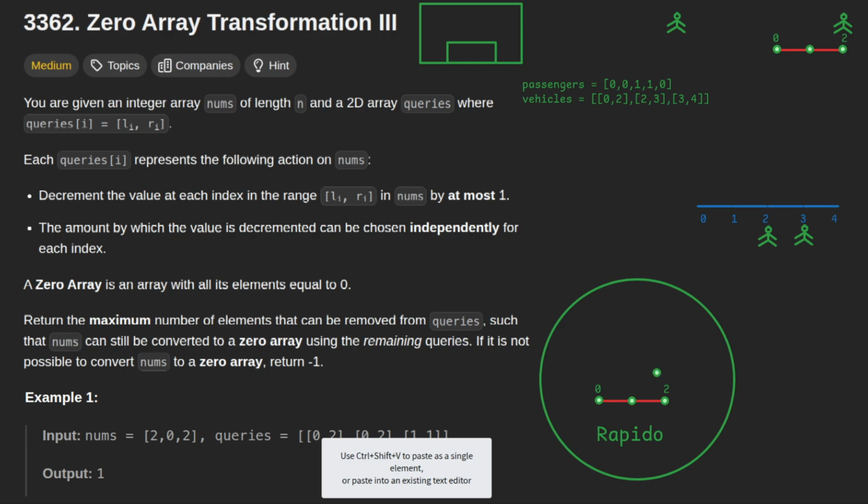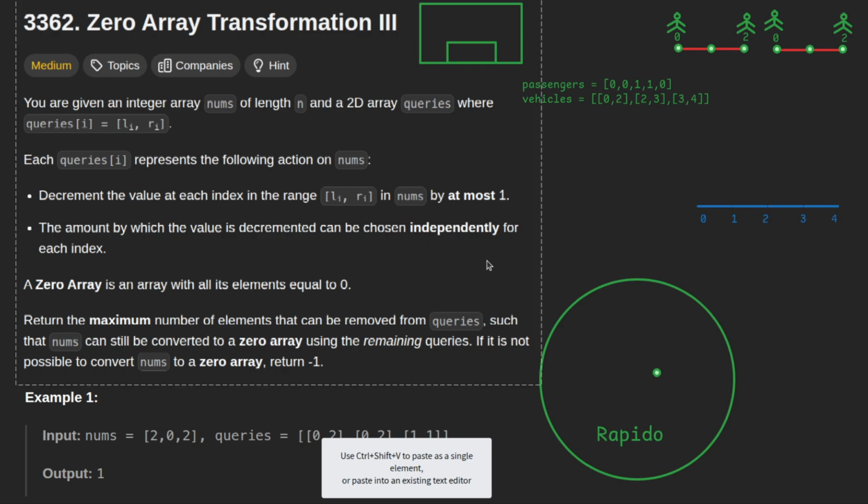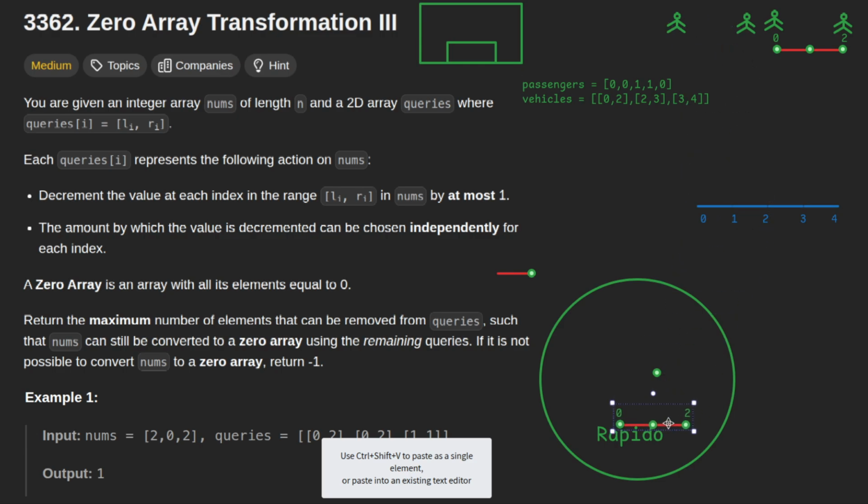One of the vehicles is 0 to 2. Another vehicle is from 2 to 3.